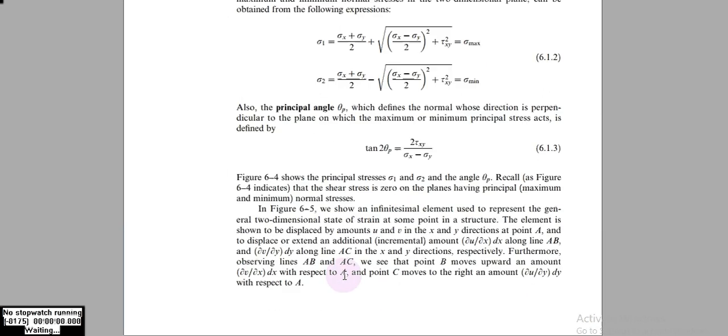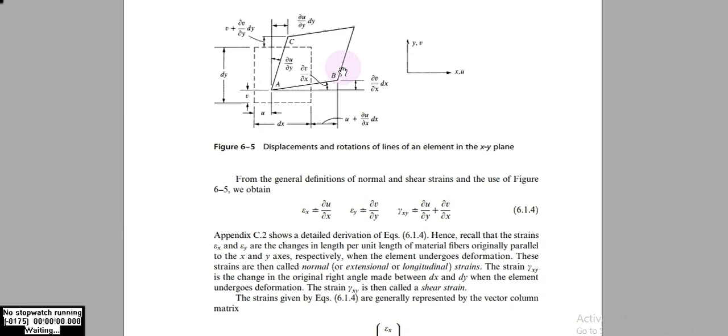What we can see over here is that A, B, C are the three vertices of this rectangle, and the original position is shown in dotted line.